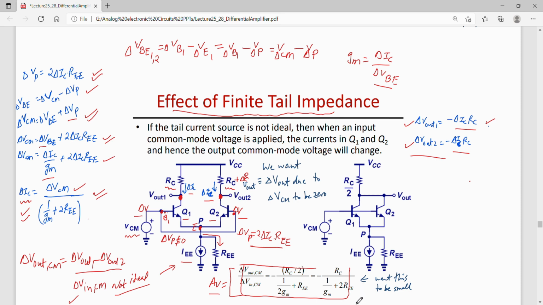We want this gain to be 0, but actually it is finite, which is because of this non-ideality present in the current source. Because of non-ideality in the current source, you have finite tail impedance, and because of this finite tail impedance, your common mode gain is not exactly zero. So common mode gain we want to be zero, or we want this to be very small, or ideally zero.